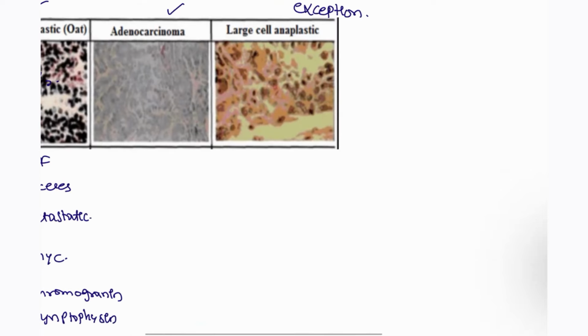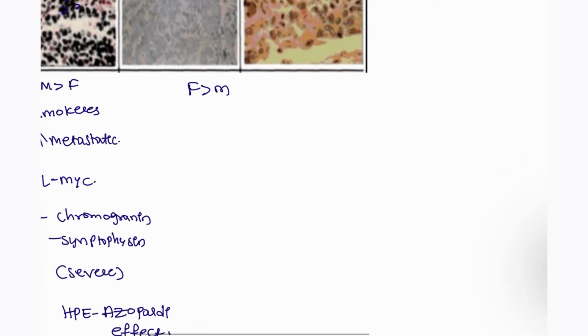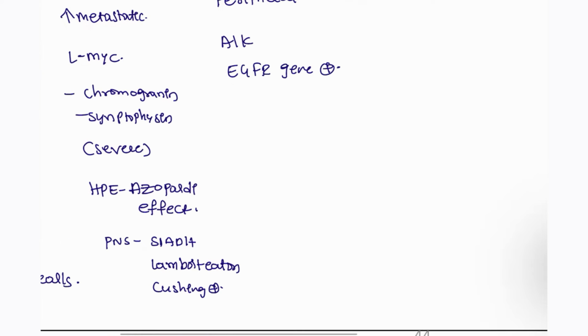Next, adenocarcinoma. Females are most commonly involved compared to males, and peripheral tissues will be involved. ALK and EGFR genes are involved in this patient. Okay, in paraneoplastic syndrome, calcium will be increased. Along with that, there will be thrombophlebitis, migratory thrombophlebitis.